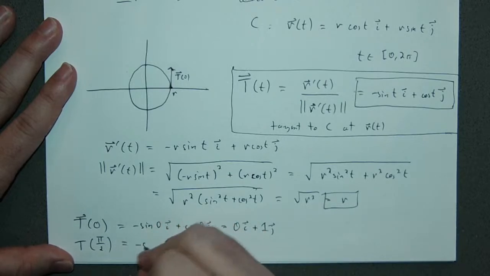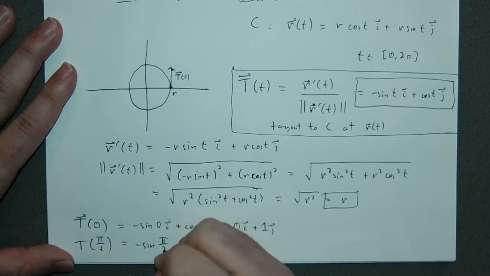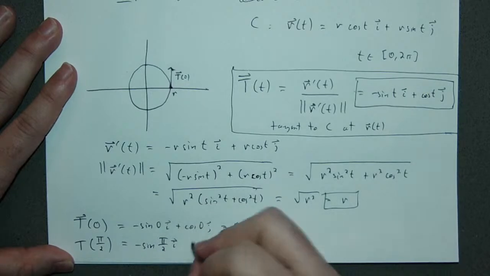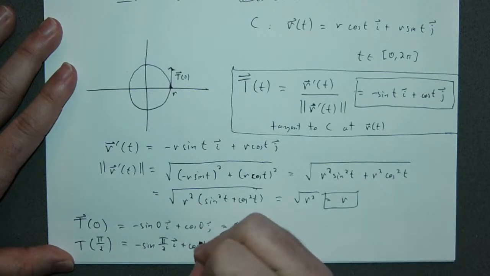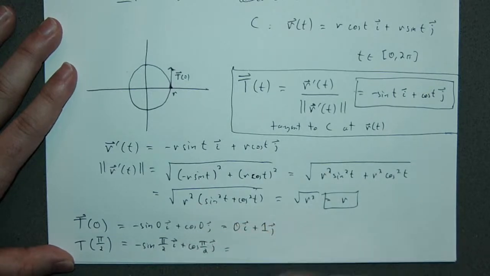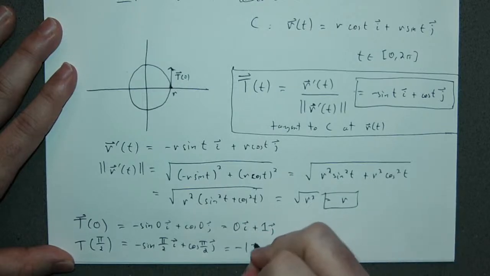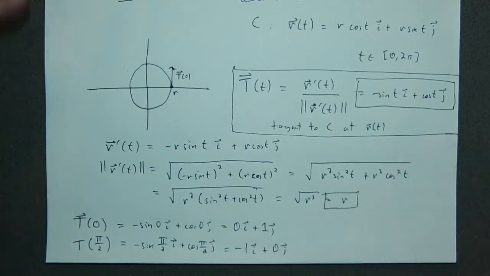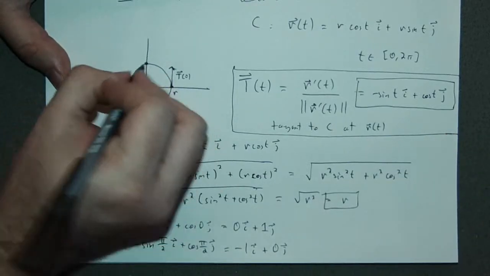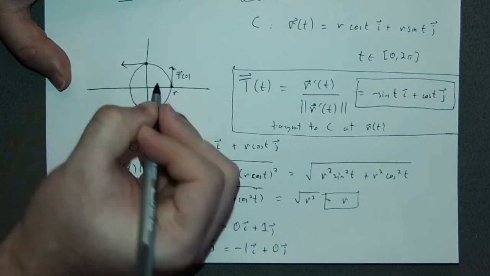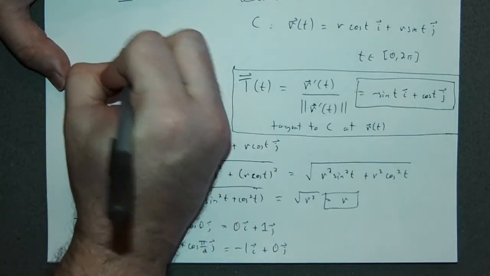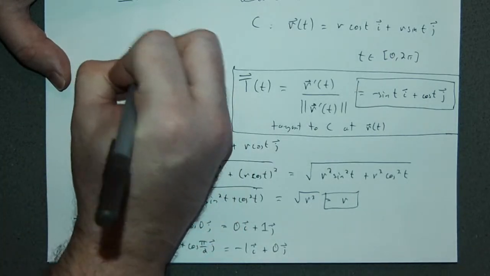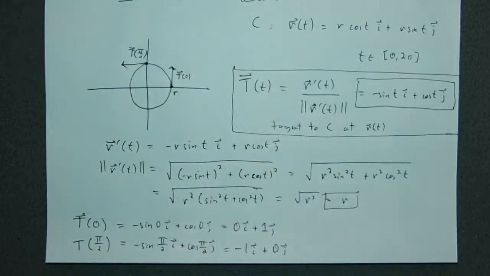So this is minus sine pi over 2 i plus cosine pi over 2 j, which is minus 1 i plus 0 j. So that's the vector (-1, 0). There it is, right? So this is T of pi over 2. That's the tangent vector at r of pi over 2.